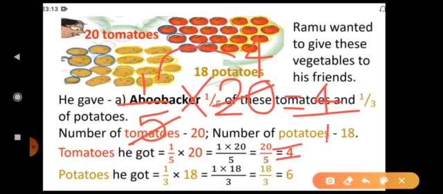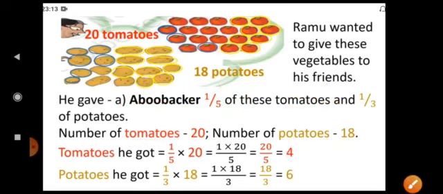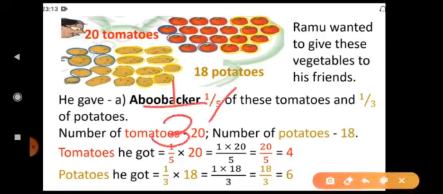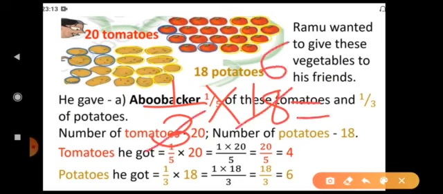So 4 upon 1 is equal to 4. Now find for potatoes. The fraction given is 1/3 of potatoes. Means we will write 1 upon 3 of, means multiply, and potatoes, that is 18. 3 6s are 18. Now multiply these two numbers in the numerator, that is 6 1s are 6. So your answer is 6 potatoes.